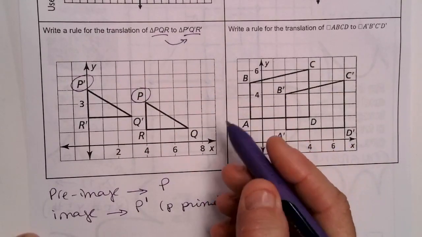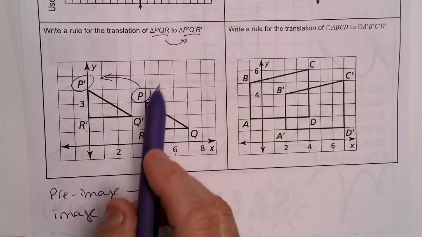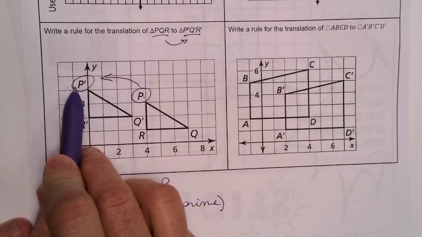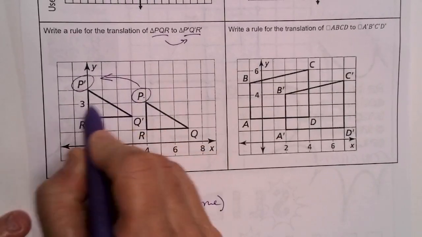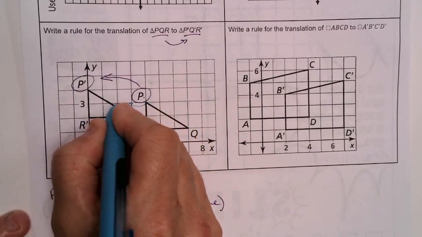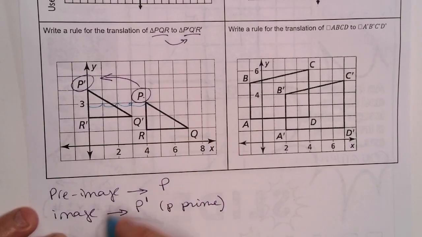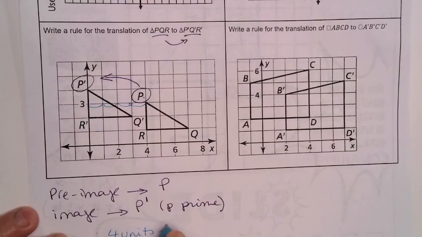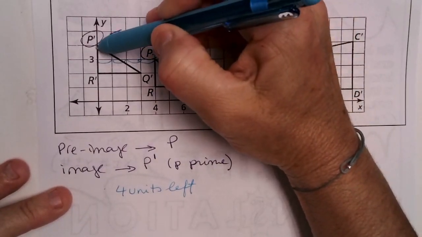So here I want to write the rule. I pick one of the corners and check how I got from P to P prime. I'm just going to count. On the horizontal position, I went 1, 2, 3, 4, so 4 units left. And then how many did we go up?